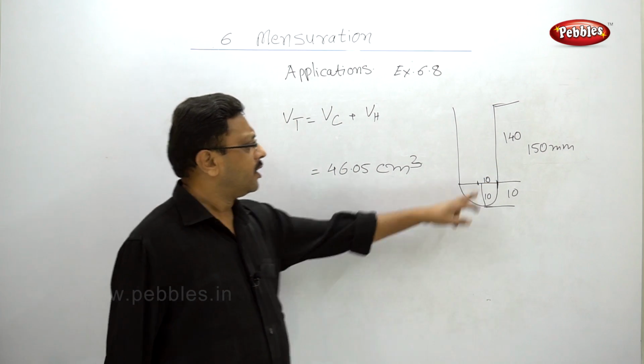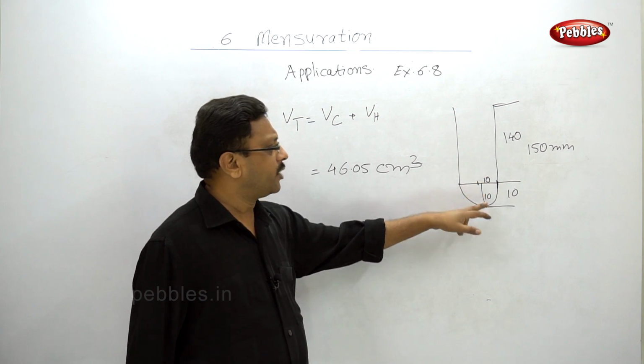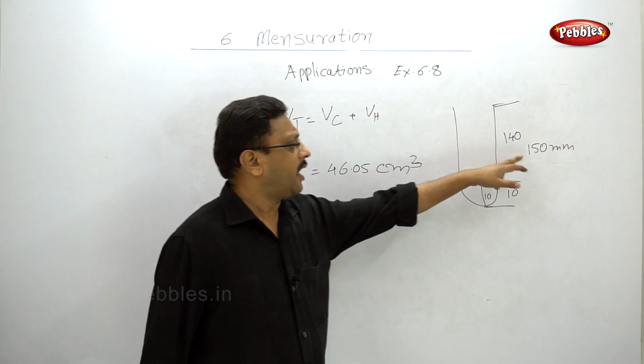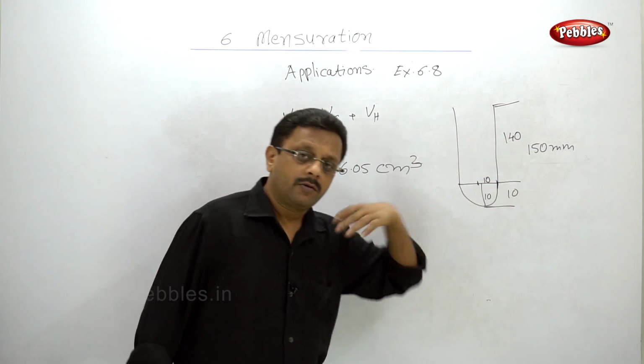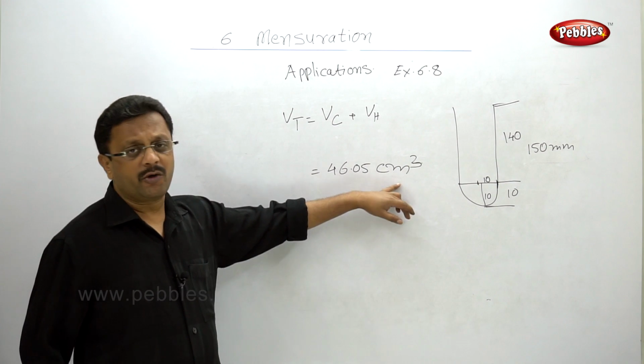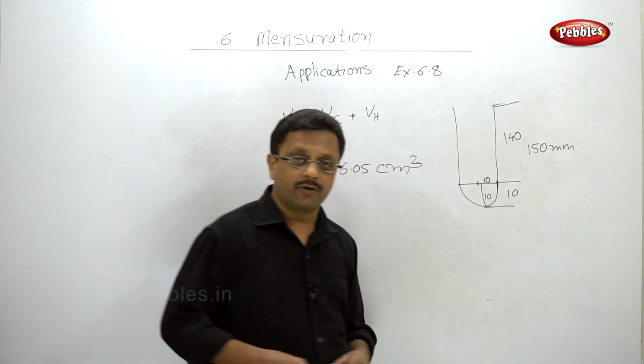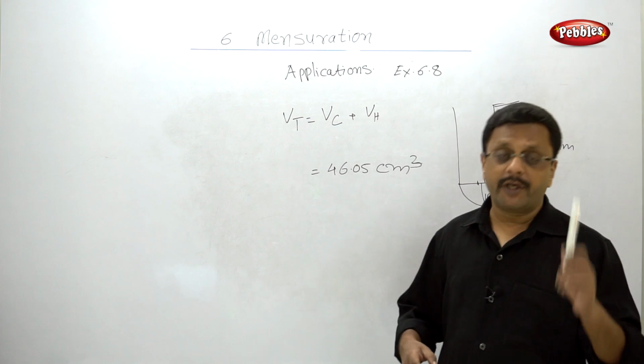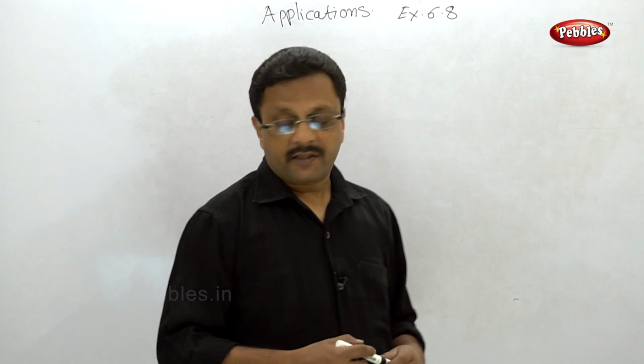What you can else do, 10 mm you have, so you can take 1 centimeter and 15 centimeter. So that much decimal point difference will be there. You can keep that in mm cube or you can keep in centimeter cube, doesn't matter, but unit must be there. Okay, let us see example number 4.